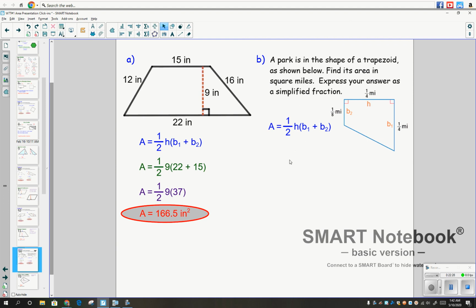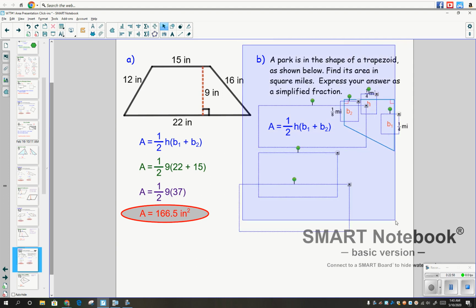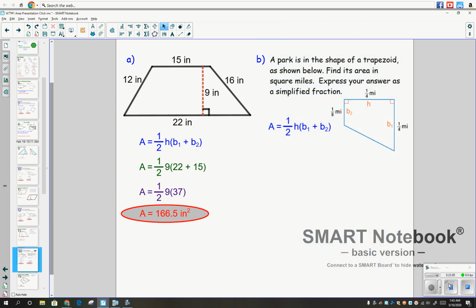So I have 1/2 times the height, which is 1/4, times base 1, which is 1/8, plus base 2, which is 1/4.